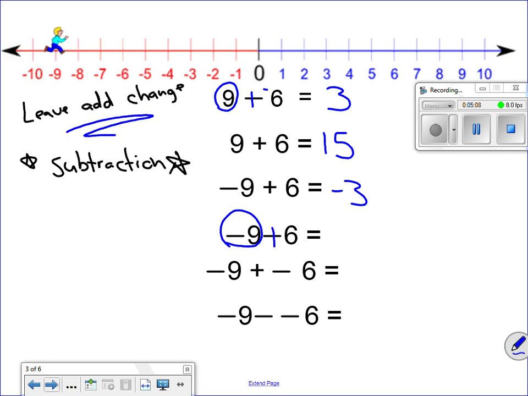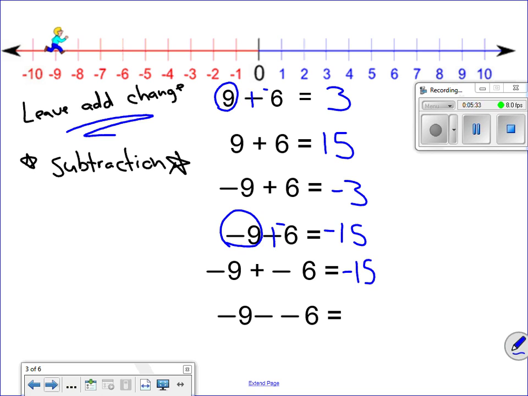I'm going to change this +6 to a negative. Now take a look. I have a -9 plus a -6. A negative and a negative makes a big negative number, which would be a -15. Look down here. Since I'm adding, I don't have to do leave, add, change. -9 plus a -6 gives me a -15.